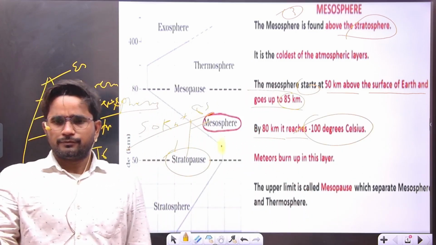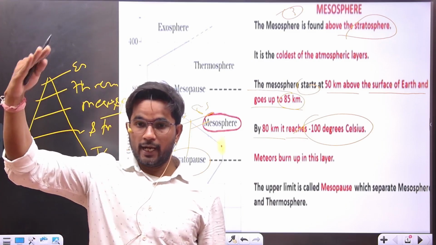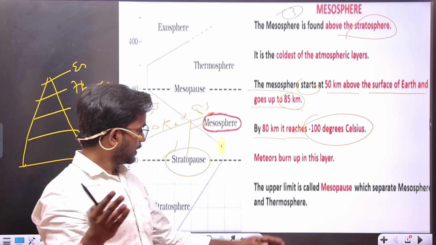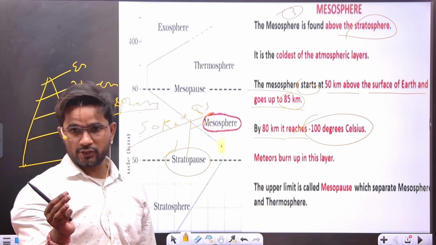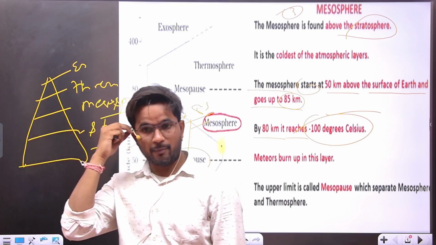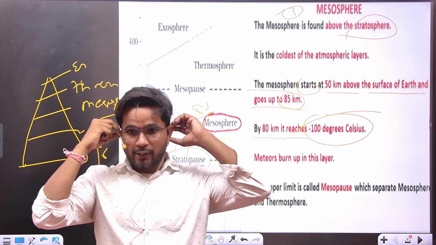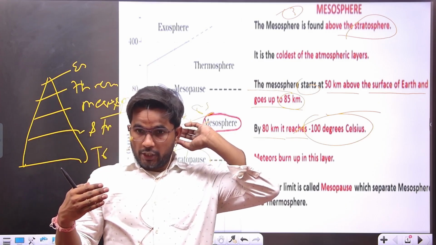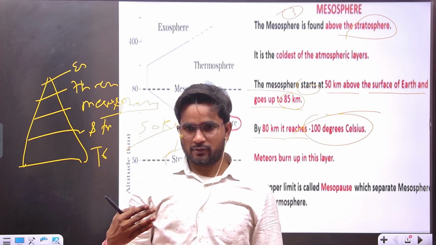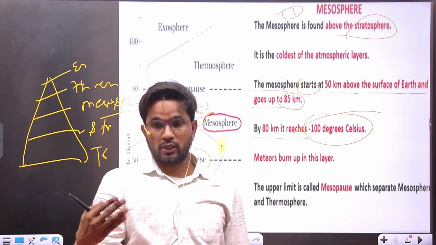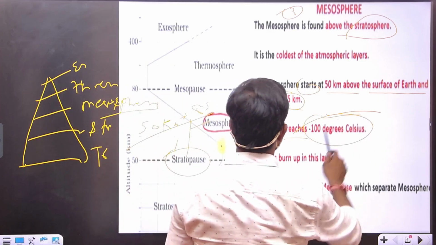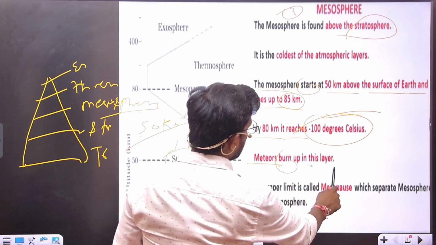If you go up in the sky to 85 kilometers, your temperature decreases to 100 degrees Celsius below zero. Understand?